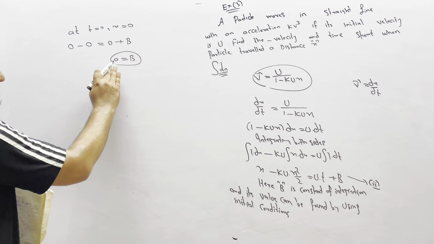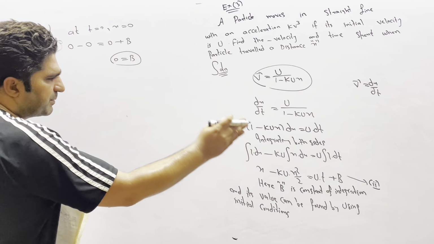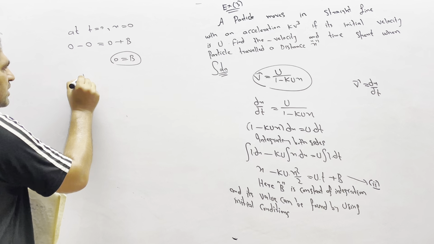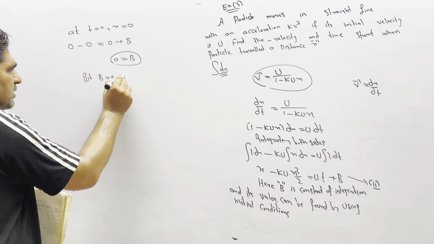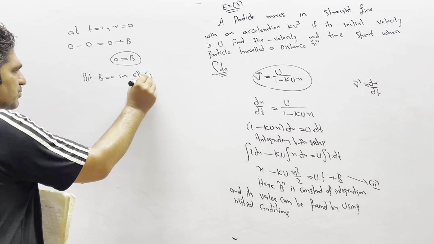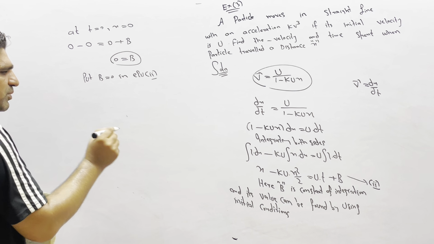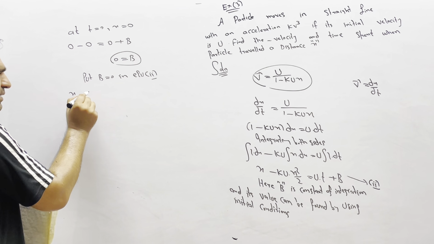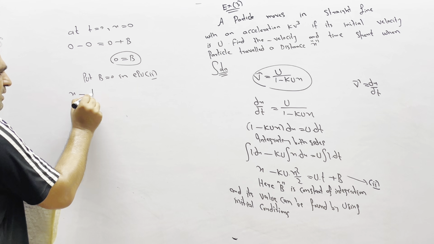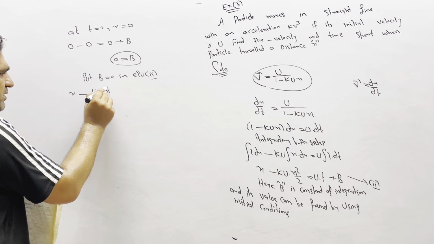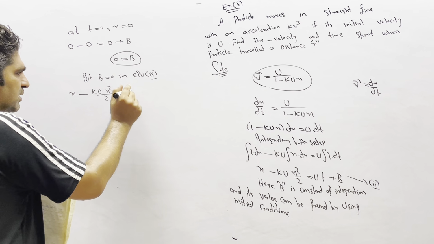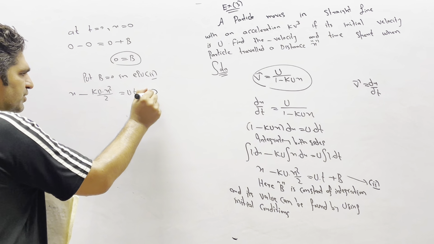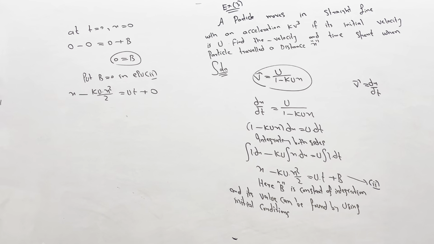Now I'll put this capital B in equation 2. Putting capital B equal to 0 in equation 2, x minus kux square by 2 equal to ut plus B, which is 0. So B is 0.